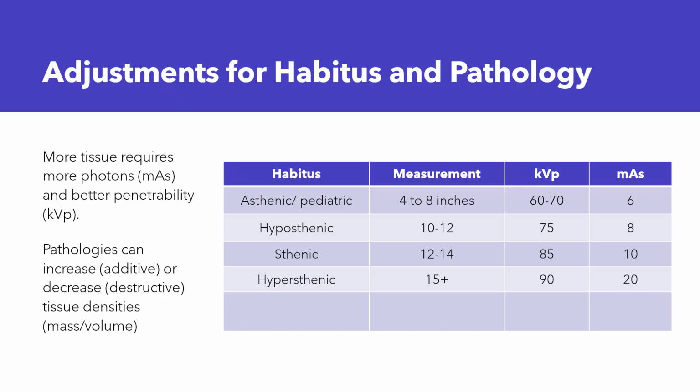Okay. The mass is the quantity, and it's literally how many photons are you making? How many x-ray photons are you making? And then the kVp is the energy or the quality. How penetrative are those photons? How much can they punch through before they stop?